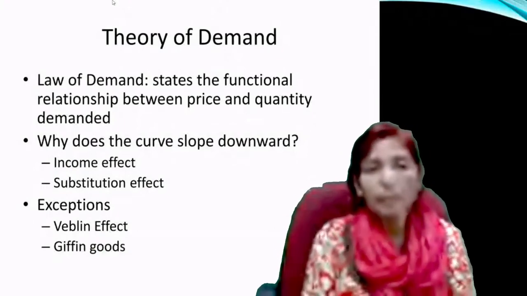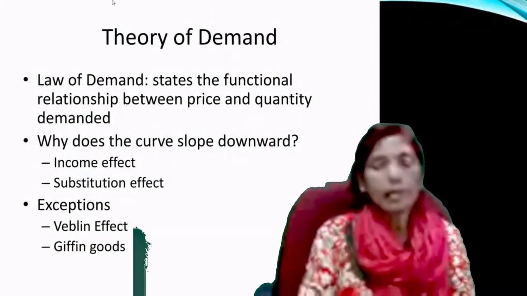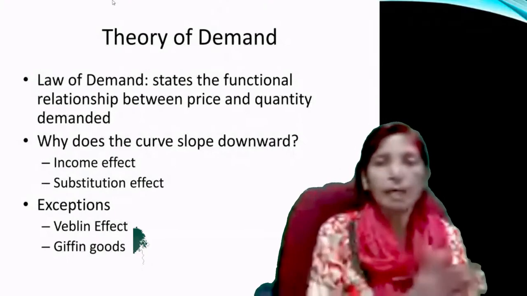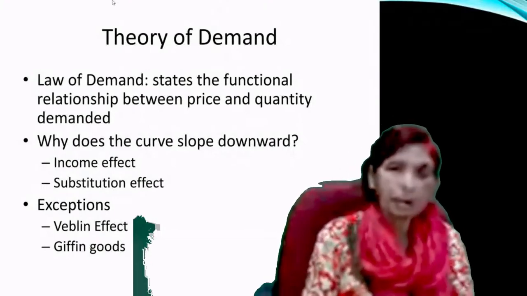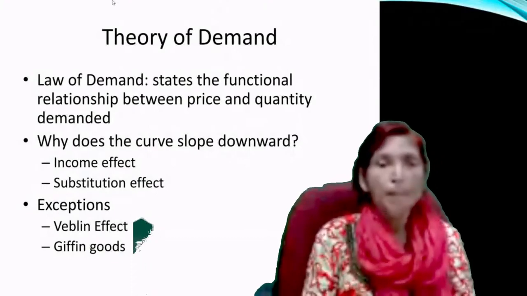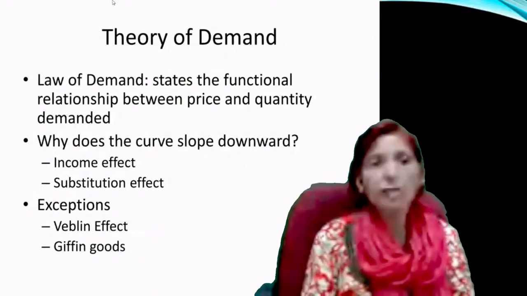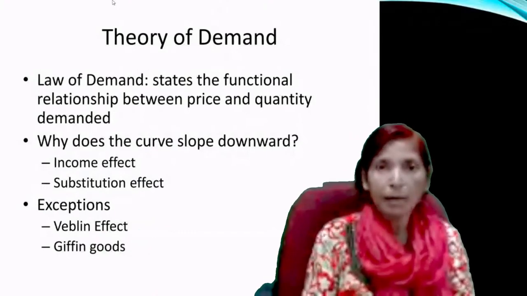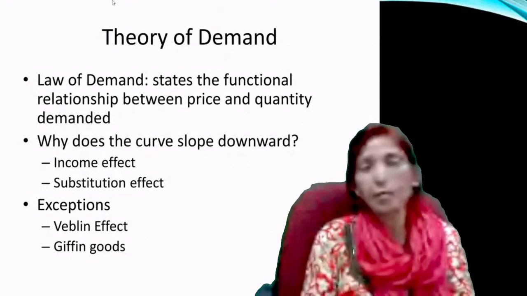But generally, there always exists an inverse or negative relationship between demand and price. But sometimes, occasionally, or in case of emergency, there are some exceptional cases. When price rises, demand rises; price falls, demand falls.